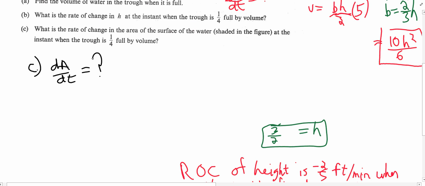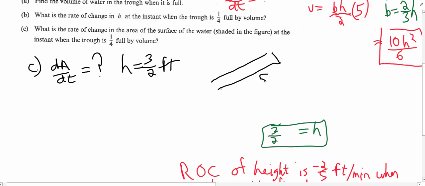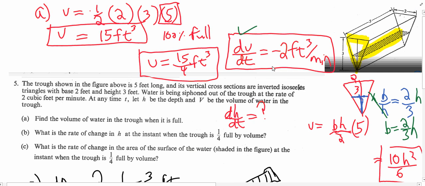And we want to know that when the height is equal to 3 over 2 feet. And it looks like if I just sort of draw a little figure of the shaded area that they had right here, the length of this is 5. And this portion looks like the base of our trough.